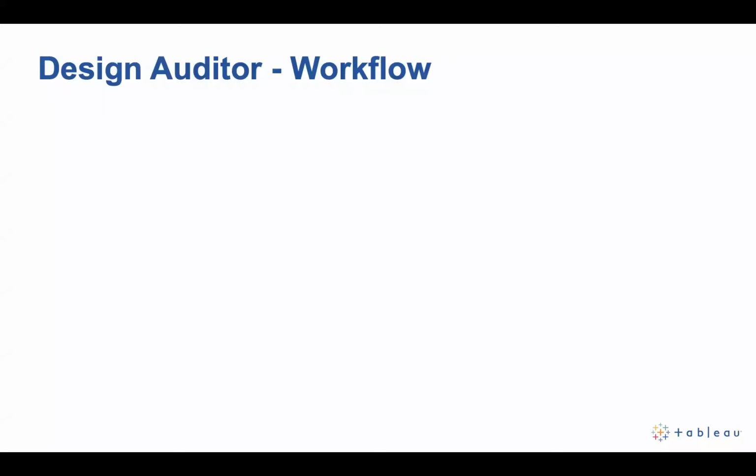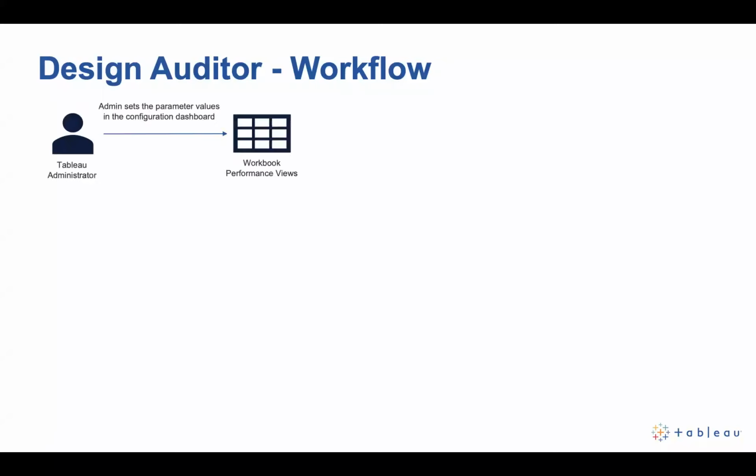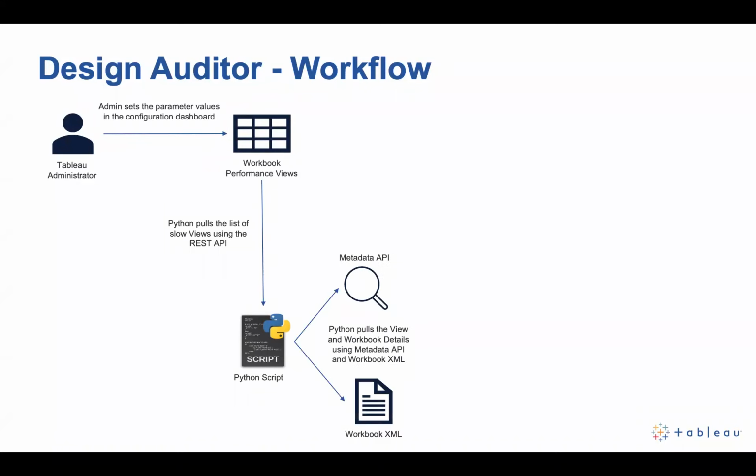So again, we'll walk through the workflow. I'm a Tableau administrator, and this application is actually run through a configuration dashboard. So I can update the parameters on the dashboard to get Design Auditor to run exactly as I need it to at my organization. We then use Python to pull a list of slow views, so we download that data of the slow views on our workbook.